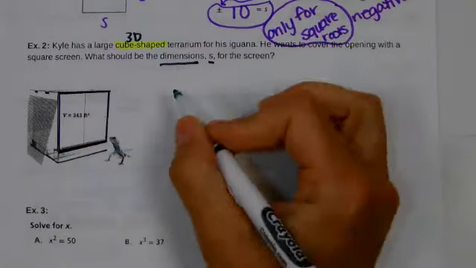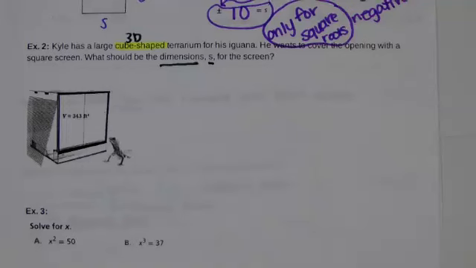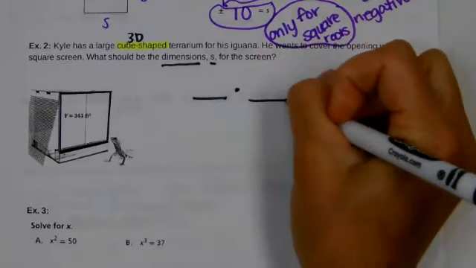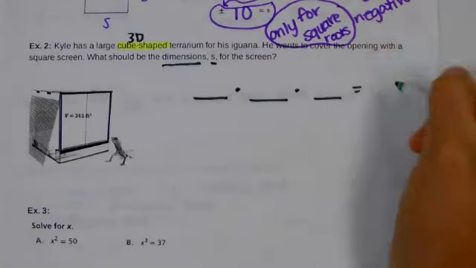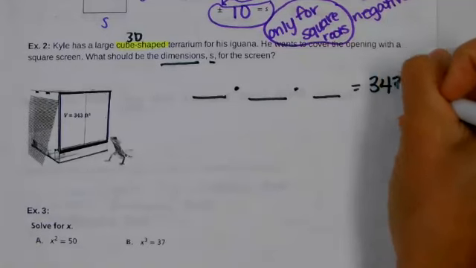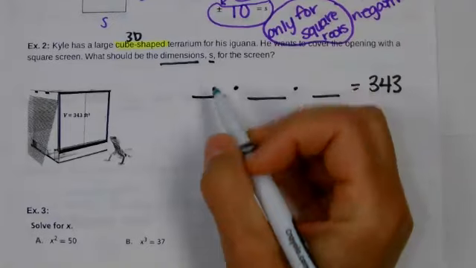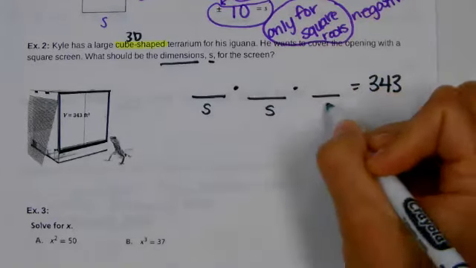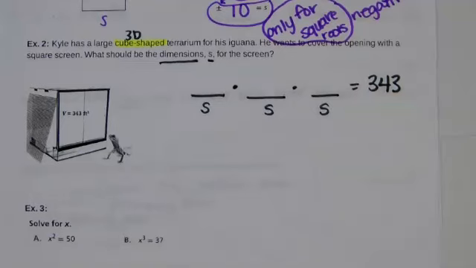So cube root, 3D, how many am I going to multiply? 3. That's right. What number times itself again is going to give us, what's the answer got to be? 343. And remember, they just gave it a letter, side times side times side. That's where S is coming from.